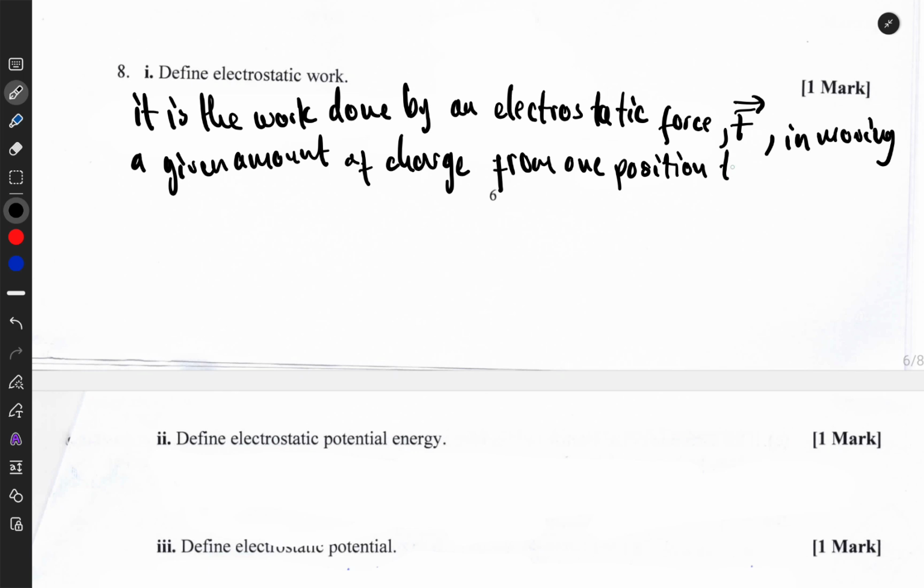What we move is charge. This is the electrostatic work.